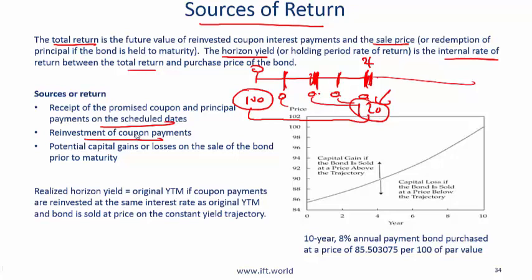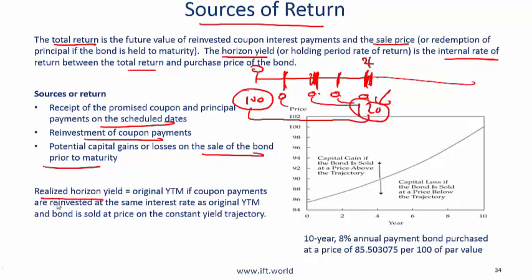So that is also another source of return. And then potential capital gains or losses on the sale price of the bond prior to maturity. If you hold the bond to maturity, then obviously at maturity you will get par value. But it is possible that you sell before maturity, and it is possible that interest rates go down, which means that you will have a capital gain on the bond.